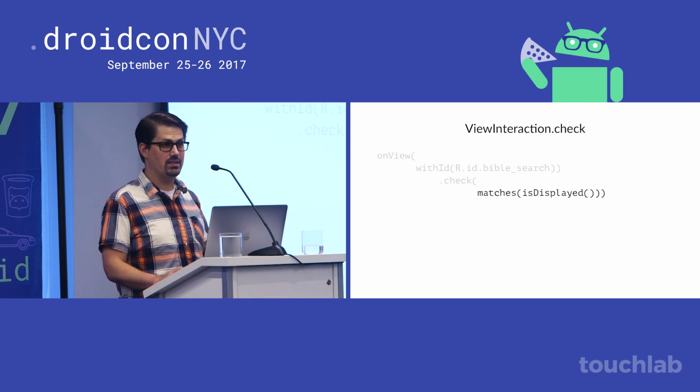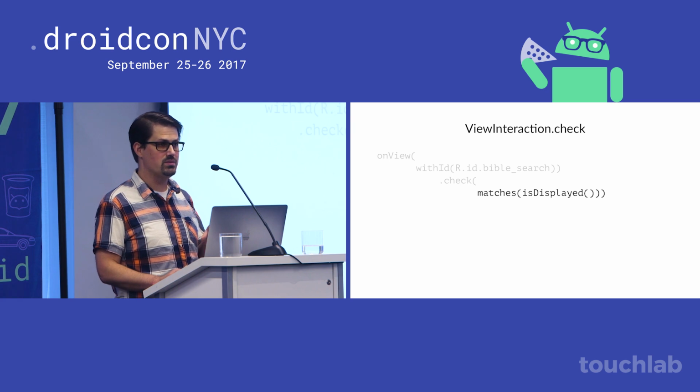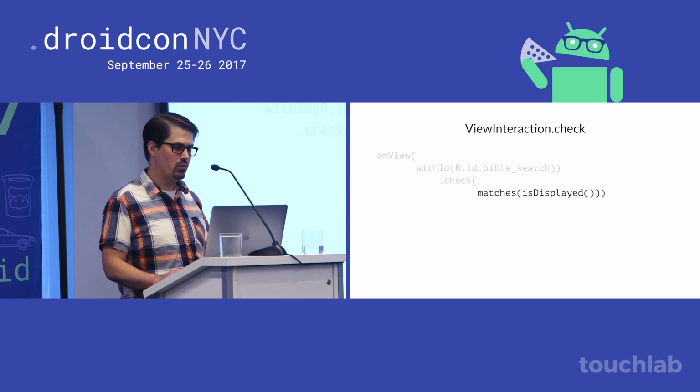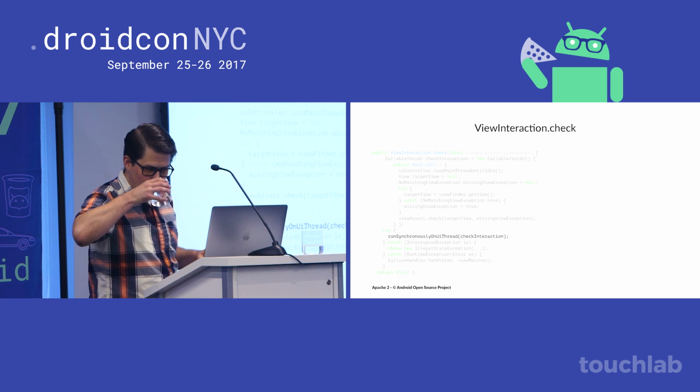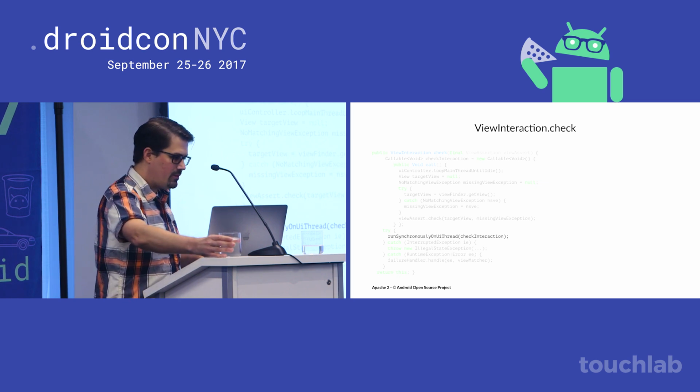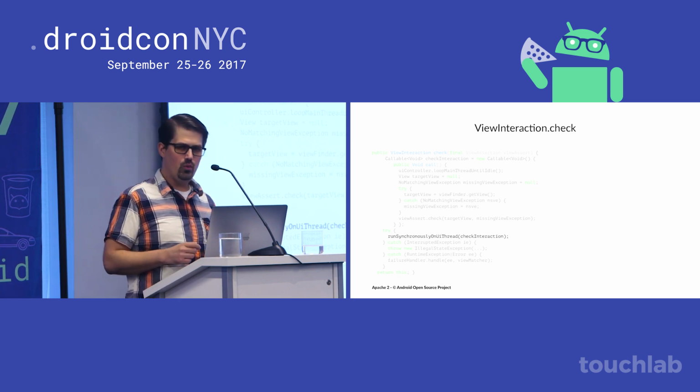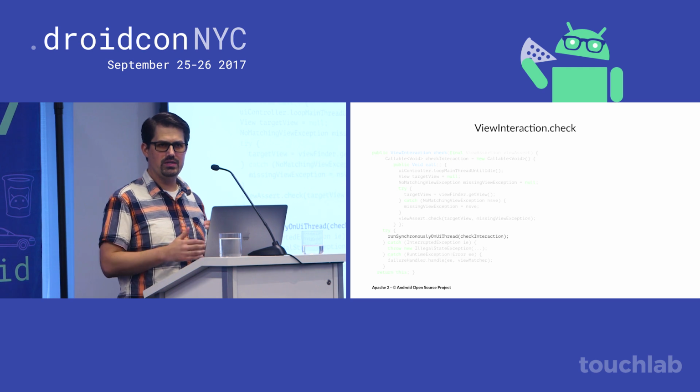All right, so the next thing that gets called is displayed, matches is displayed, but we're going to look at check first, and we'll come back to what matches is displayed does. So let's take a look at check. Up until this point, all this code has been executing on the test thread.